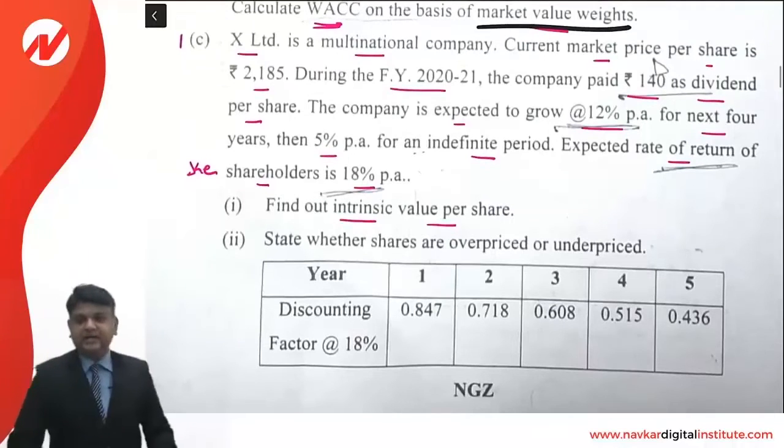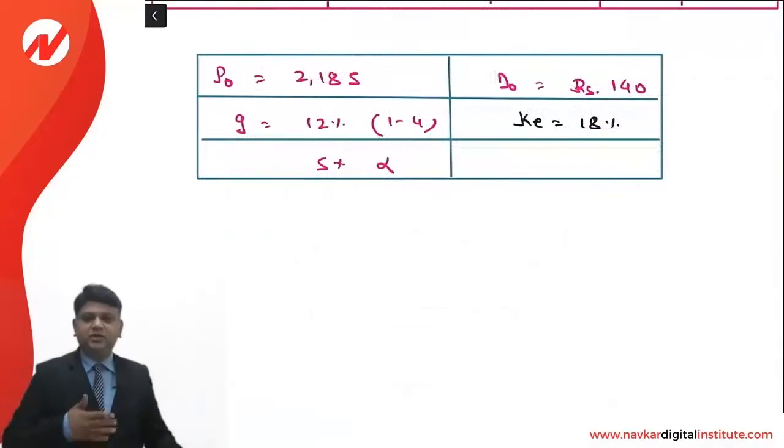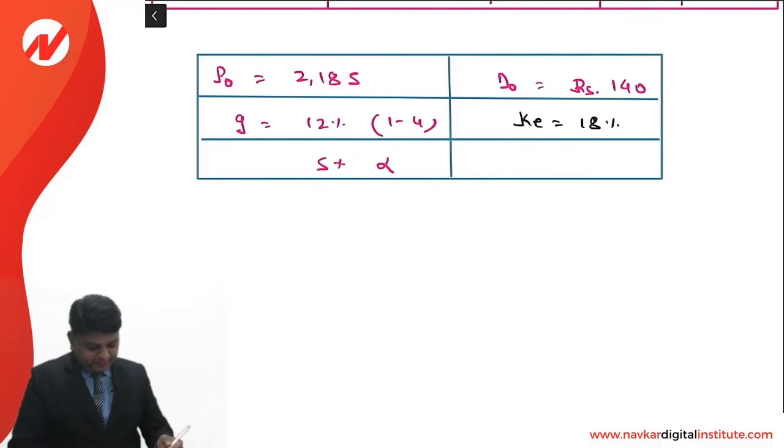So we are required to make the calculation of the equilibrium price per share. Let us understand how to make the calculation of the answer. The question says compute the intrinsic value per share, which means we are required to compute the equilibrium price per share. The question is providing the P0 information, yet the question says compute P0.